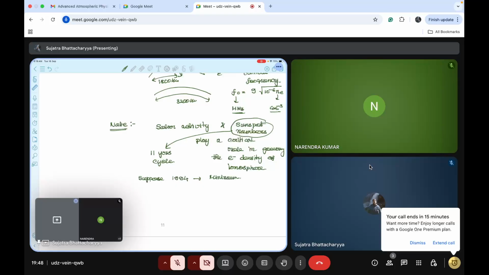Then after a couple of years, like 2000, roughly half the 11 years, the concentration, or the Ne, will be larger than in 1994. I think this is enough to solve the question.